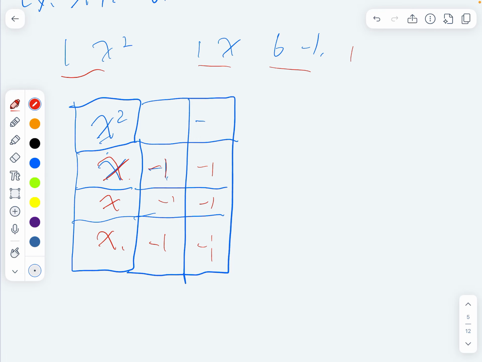We can borrow 2x here, so we need to do the same on the other side.